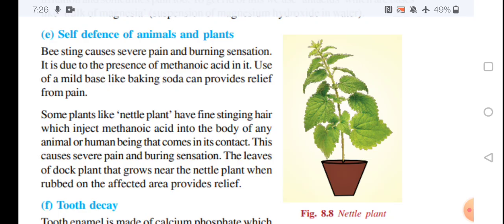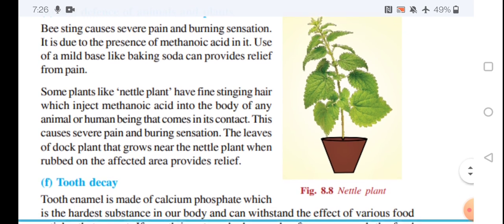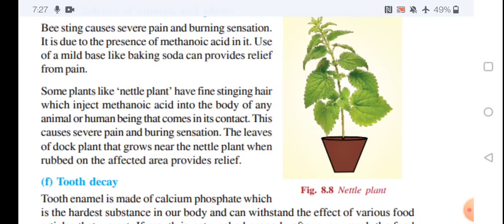See, that is the nettle plant. It also has methanoic acid. When any animal touches this plant, we get the pain and burning sensation. To get relief, we have to use the dock plant, which also grows near the nettle plant.